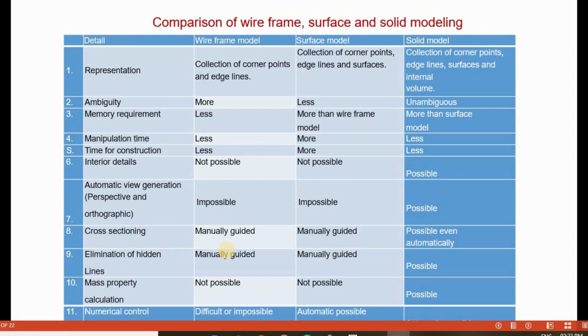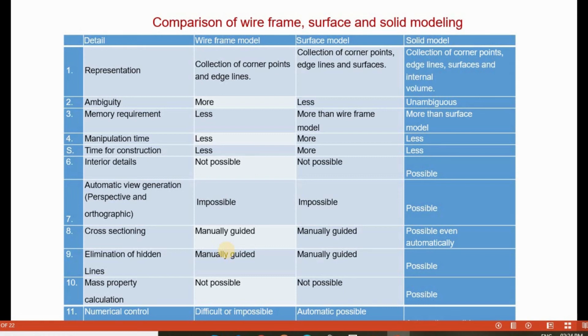There is no ambiguity in the solid model. For memory requirement, the wireframe model requires very little memory space, the surface model requires more than the wireframe model, and the solid model requires more than the surface model. Manipulation time is less for the wireframe model, more for the surface model, and most for the solid model.